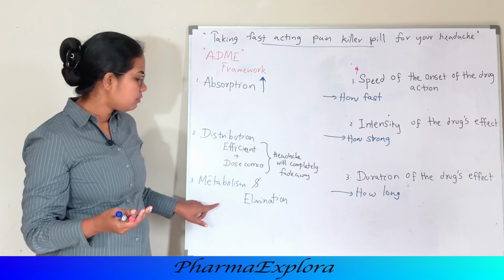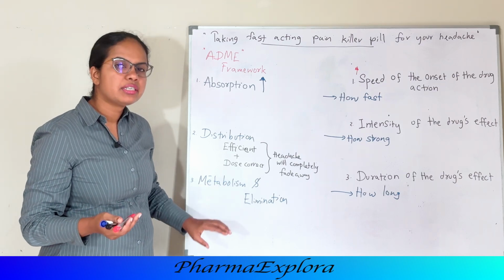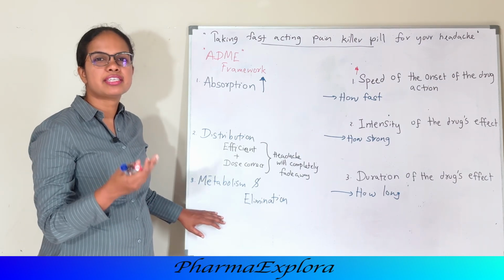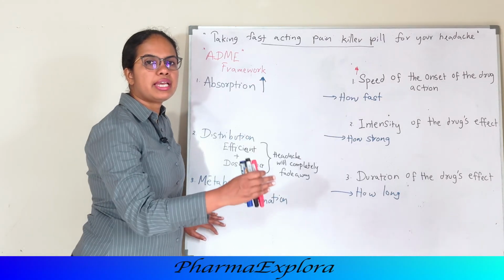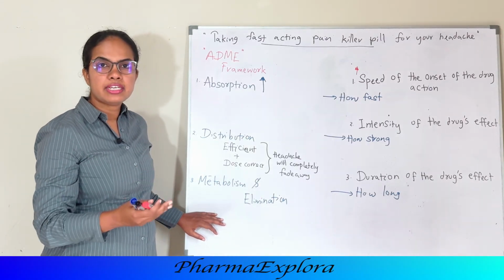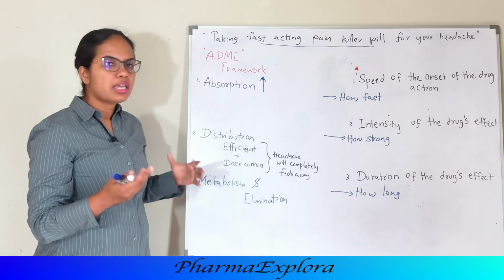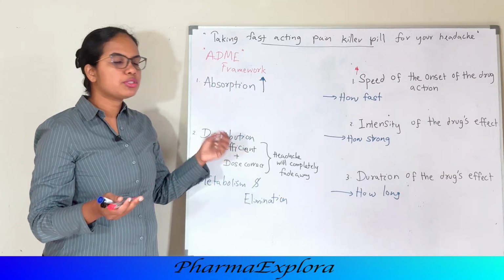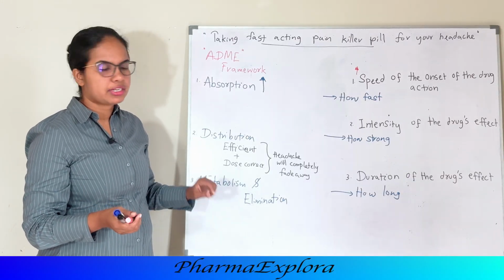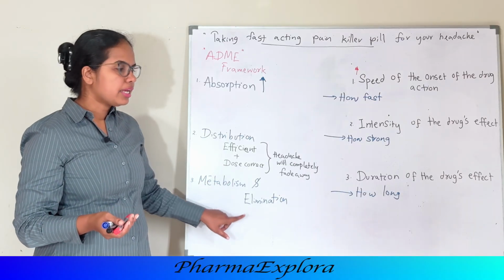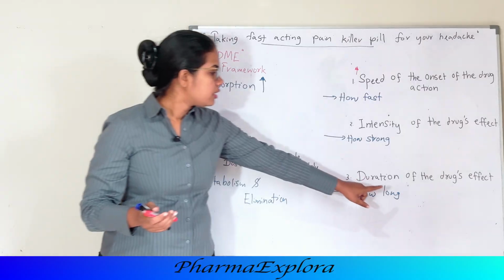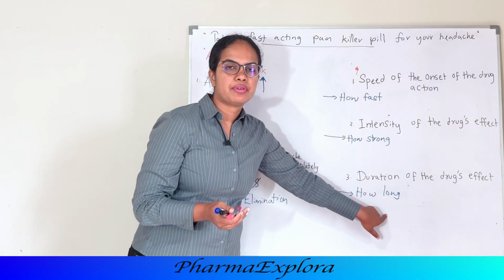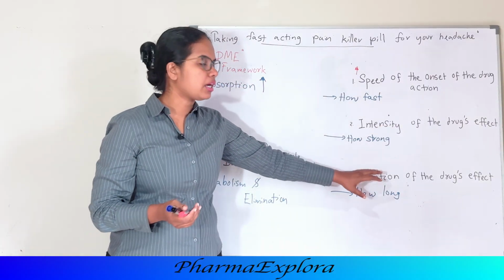Why? Metabolism and elimination convert these drug molecules into their inactive form in the liver, and it will eventually eliminate them through the kidneys via urine. So there will be no drug molecules to provide the therapeutic effect. So the metabolism and elimination decide the duration of the drug's effect.